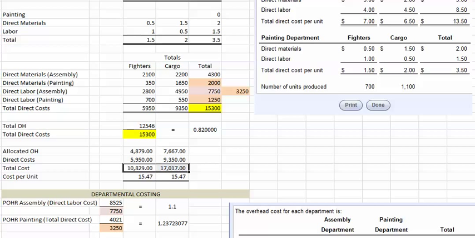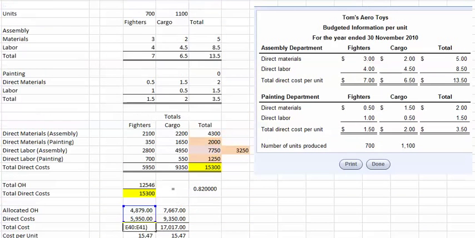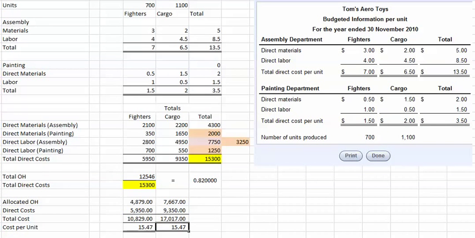We add those together to get the total cost of the fighter planes and the total cost of the cargo planes, and then we'll take our total cost and divide it by the number of units, and our number of units was 700 cargo planes. So we're taking our total cost, 10,829 divided by 700 planes, and for the fighters, we'll take our total cost of 17,000 and divide it by 1,100 planes.